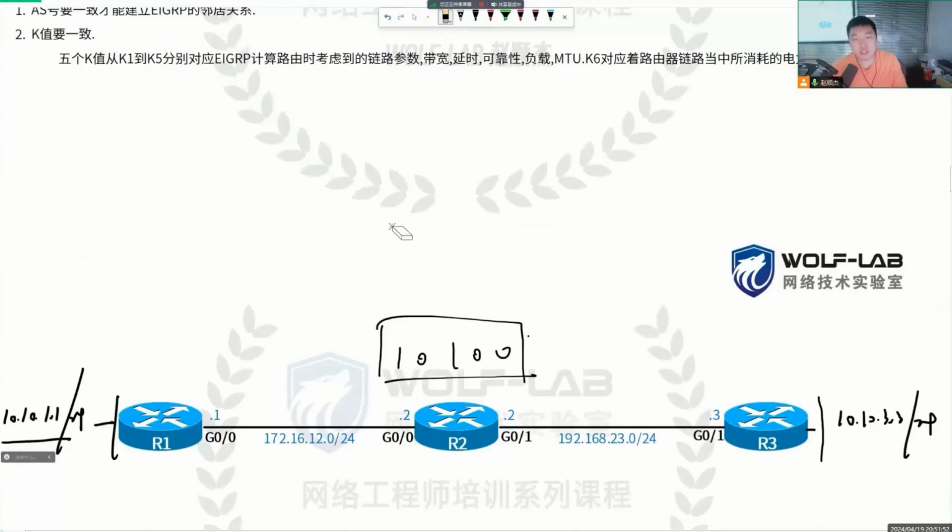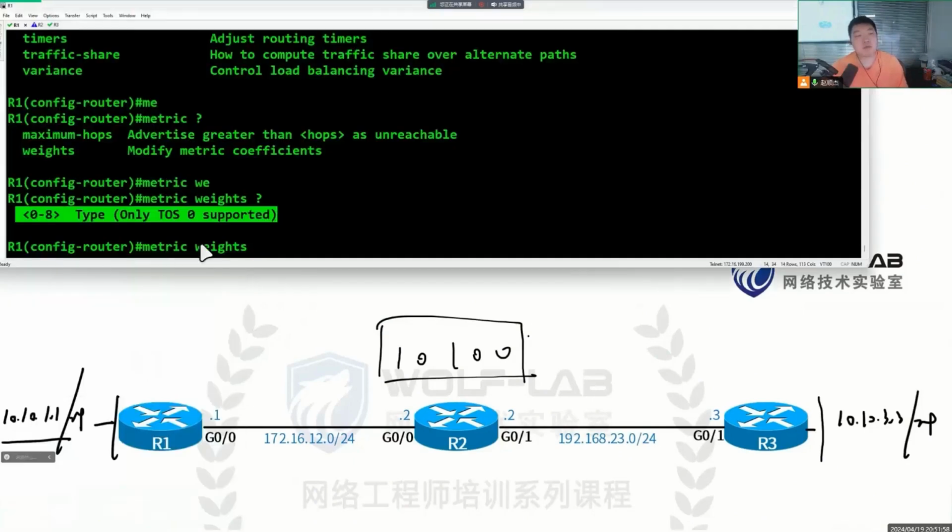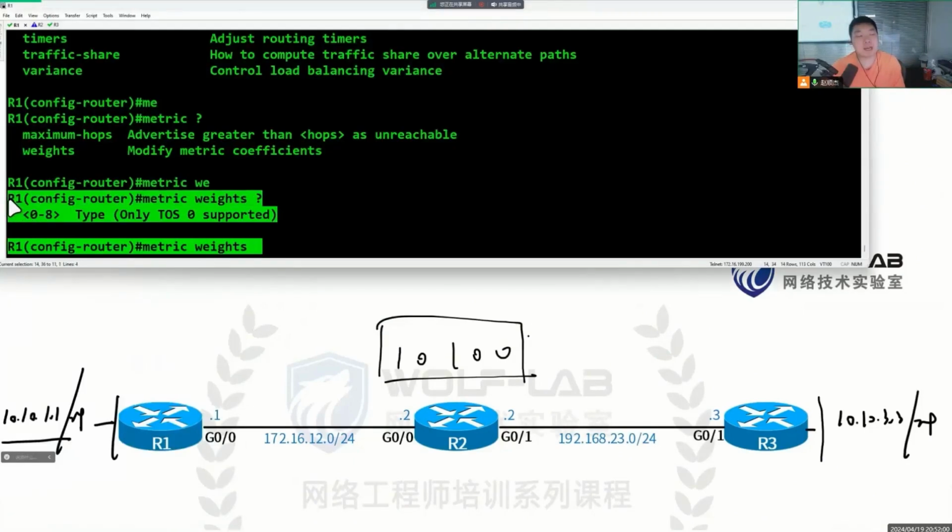Then in EIGRP, the designers thought, I want to make EIGRP able to automatically change the priority of its data packets, so that the priority can be variable.